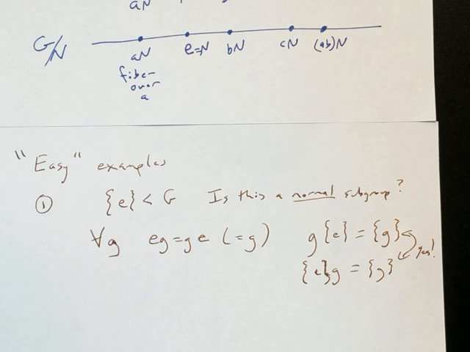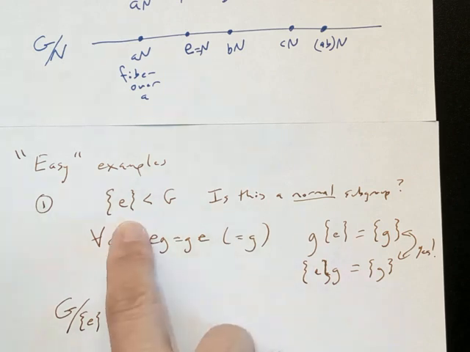So my fiber is a single dot, isn't it? G mod N. I'm using this map gamma. But that's not just a homomorphism in this case. That's an isomorphism in this case. Because the kernel, the things that are mapped to the identity, contains only one thing.